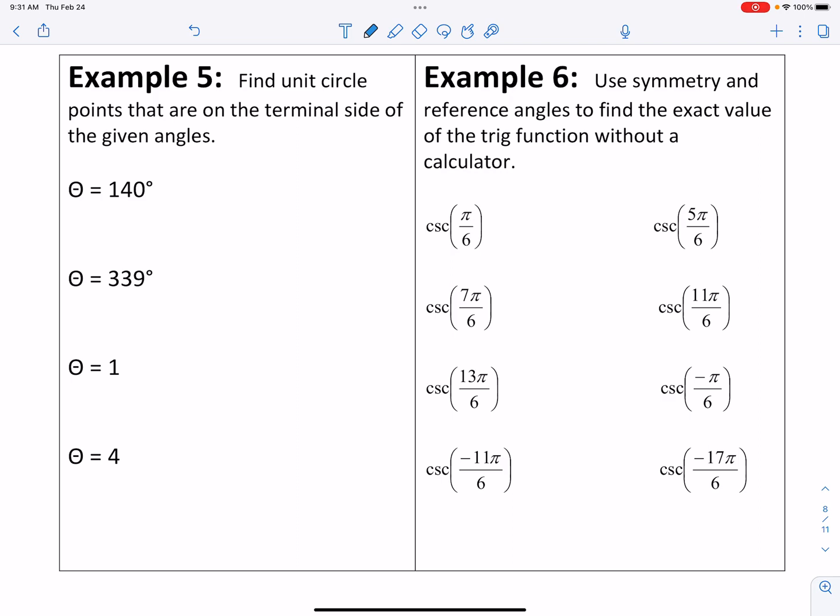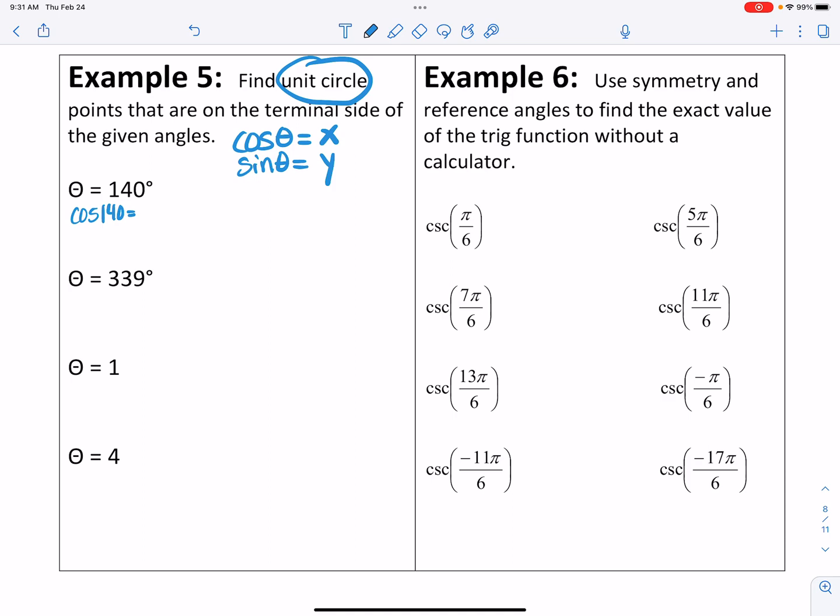Okay. So if you think about this, the terminal side on the unit circle means that the cosine of theta is going to give you the x, and the sine of theta is going to give you y, because opposite over hypotenuse, the hypotenuse is 1, right? So all you have to do is type in the calculator the cosine of 140.